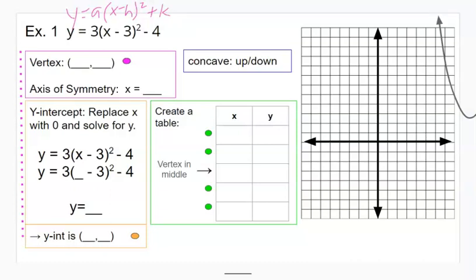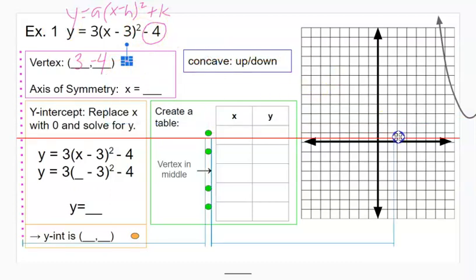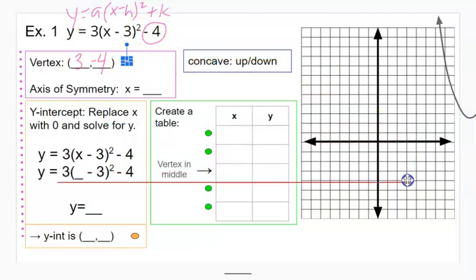So there's that minus in the middle, so the h is just that positive 3. And then plus k is really plus negative 4, so we have that negative 4 for our k value. So that's our vertex. So now we can plot that point on our graph. We go 3, negative 4.